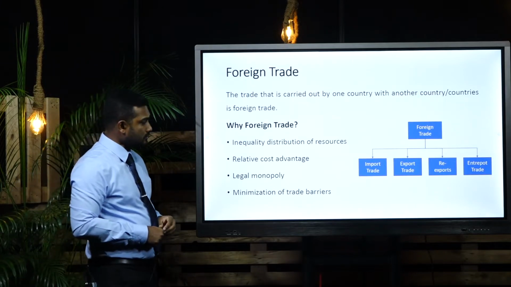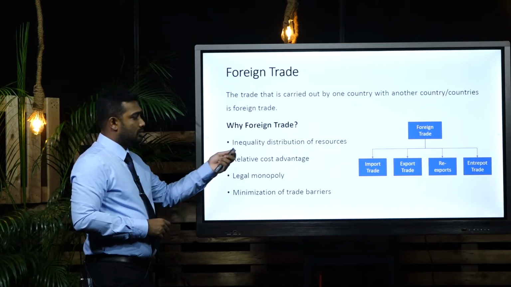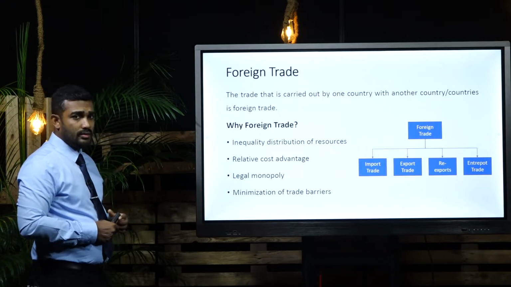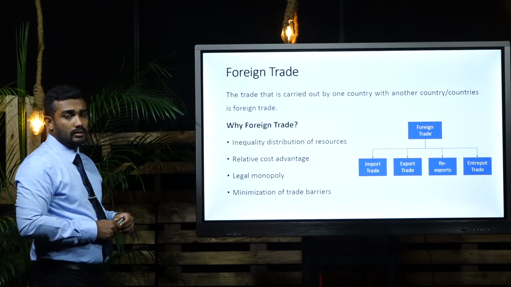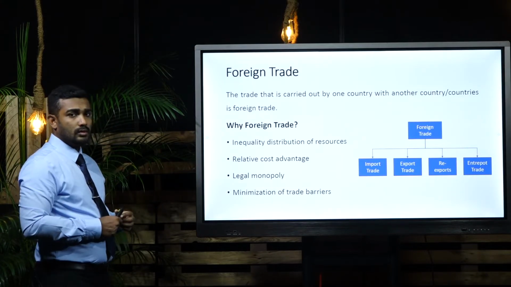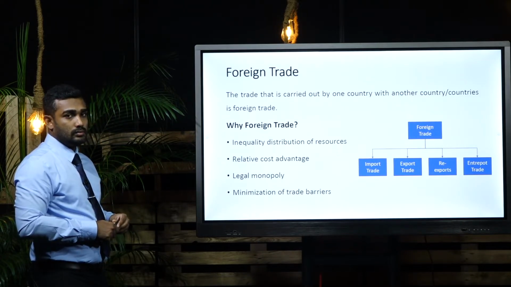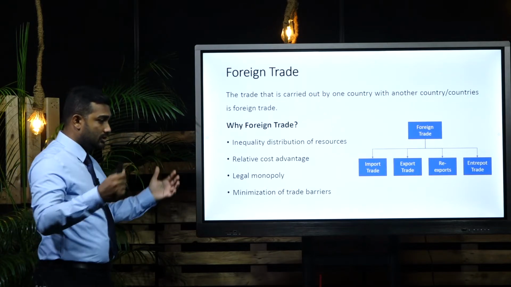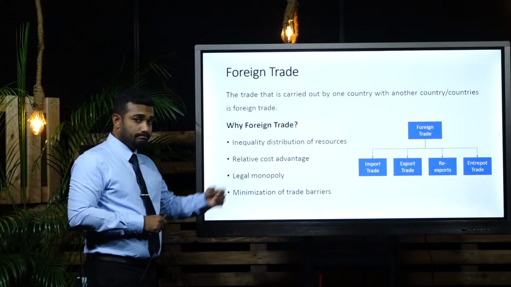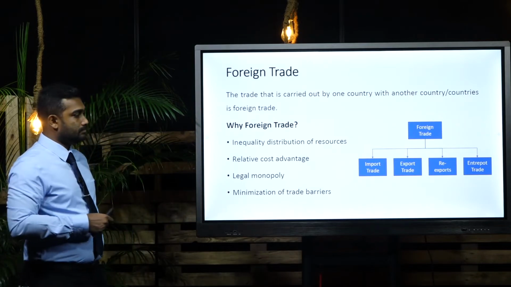So because of the inequality in resources, we have to depend on foreign trade. Now look at the countries, especially European countries, they are buying tea from us because they don't have such an environment to produce the tea. That's why we are sending the tea to them.